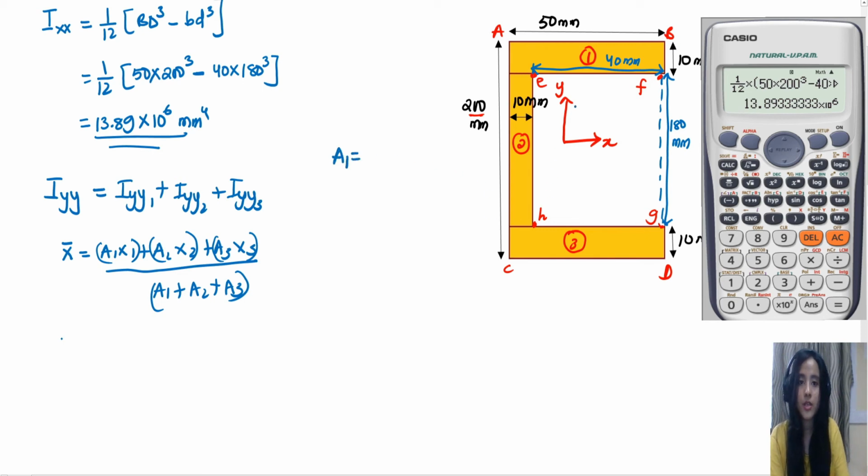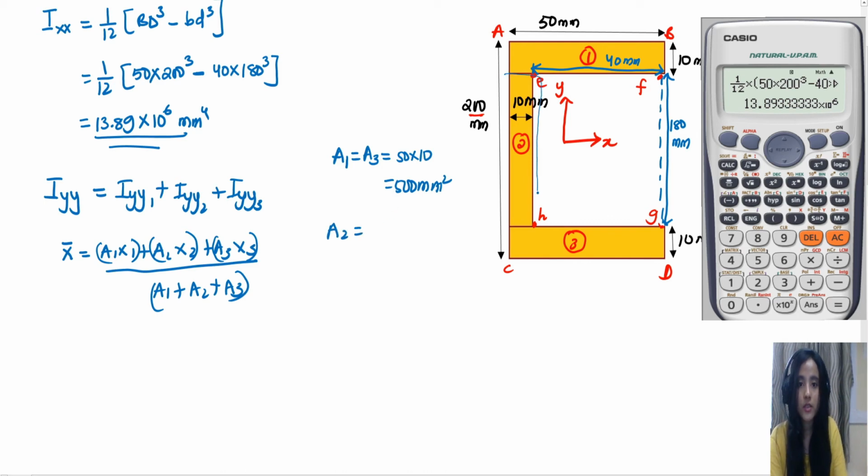My a1 for this section. Now as you can see, my section 1 and section 3, they are of the same dimension. So a1 will be equal to a3 will be equal to 50 into 10. So this will be coming equal to 500 mm square. So this is my area. Now a2 will be equal to only this much.